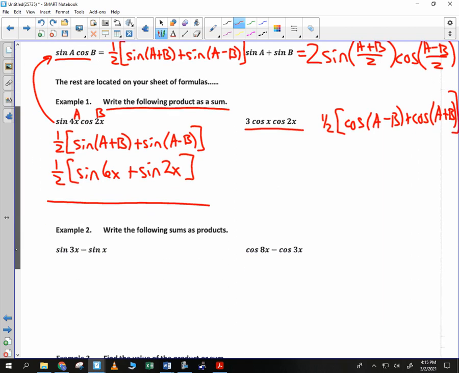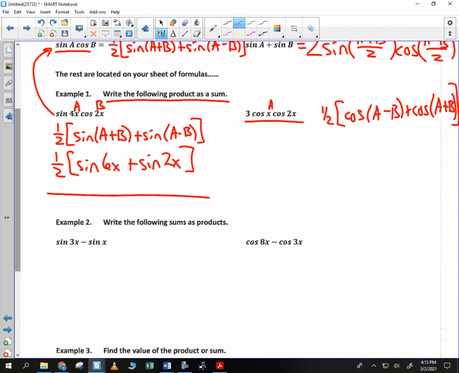All right, so in this situation, A is x and B is 2x. And notice it's being multiplied by 3. So instead of a 1/2 out front, it'll be a 3/2 out front. Times the cosine of, if I take x minus 2x, I get negative x, plus the cosine of, if I take x plus 2x, I get 3x. Now, we can't leave it like this because you're not allowed to have a negative angle.